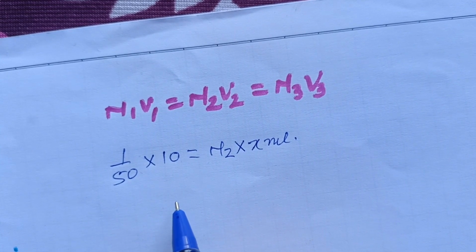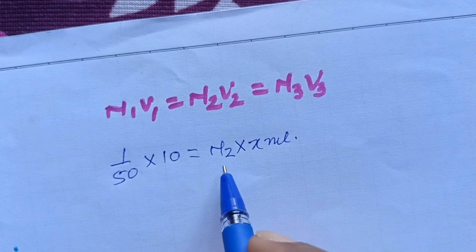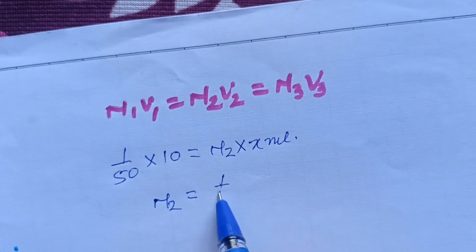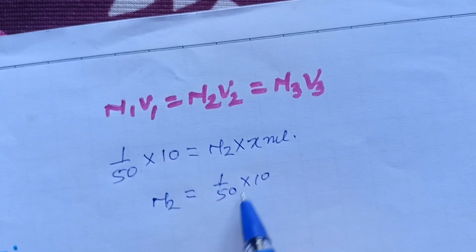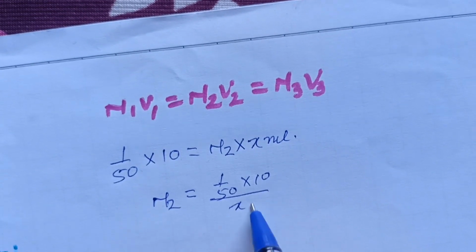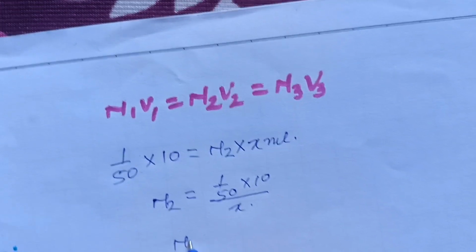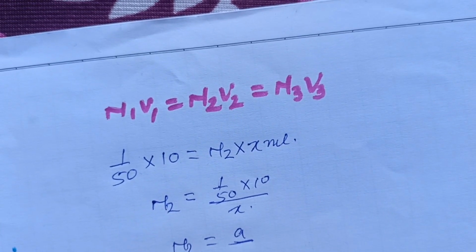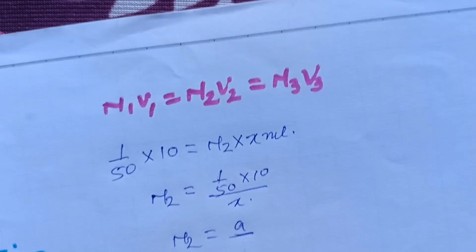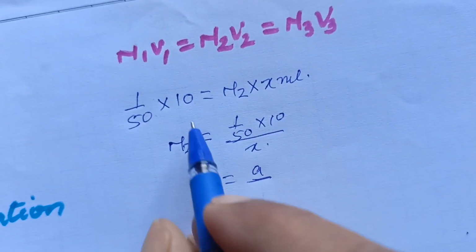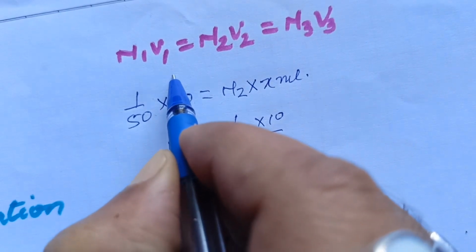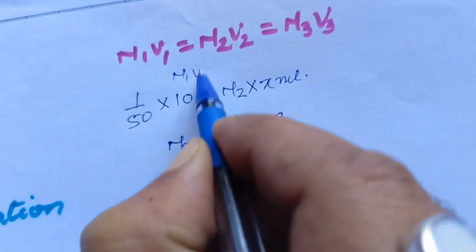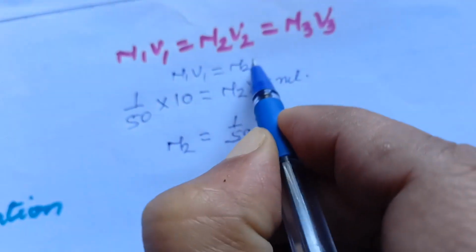To calculate N2, we can write N2 equals 1 by 50 into 10 divided by x. So you get N2 equal to, suppose, A. Here we use one part of the formula N1V1 equals N2V2.